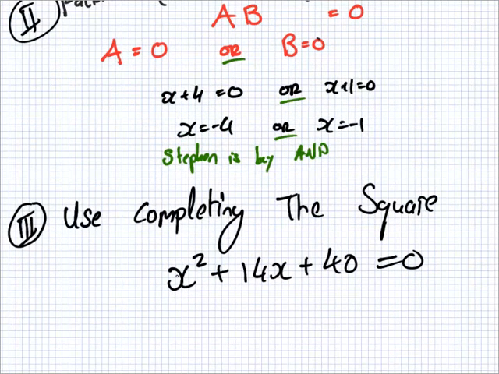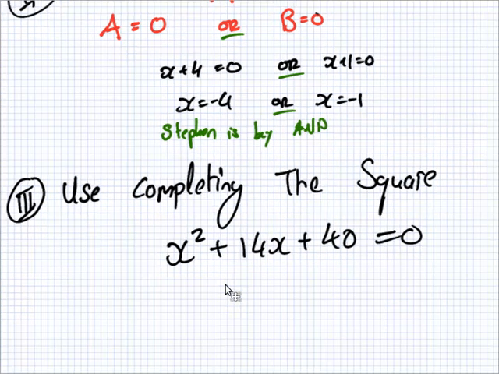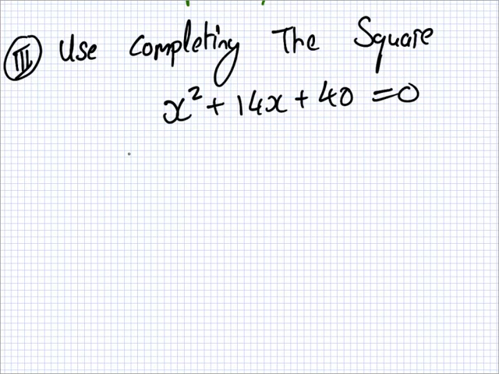Now, I actually like this method the most for making graphs, because you actually get something else with it. But before we look at the graphs, let's just look at how to actually use the method. So yesterday we did completing the square. So we know that this will be x plus 7 squared, and then at the back we have 40 minus 49, minus 9.